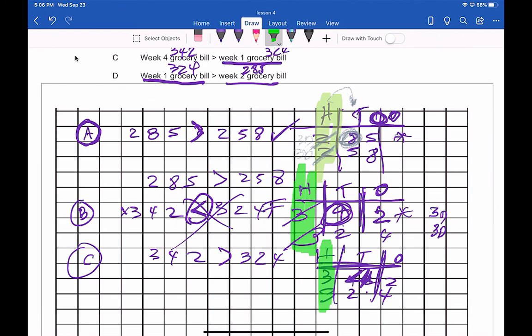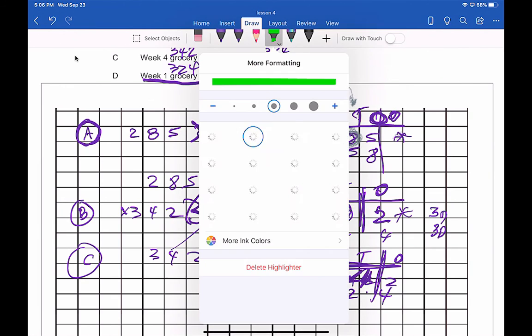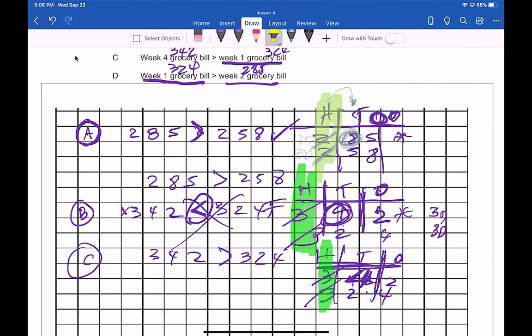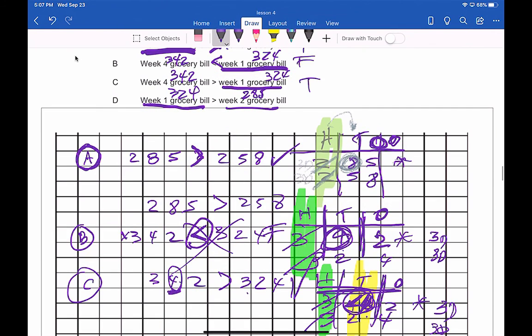Again, the highest are the same. The second one is the biggest, it is the 4. That means this is the biggest. Again, I forgot to mention 3 digits before. So 342, this is the 4, is bigger than this. That is correct. So we'll write the answer true.